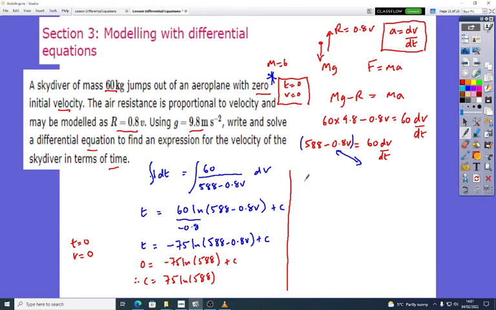At present, t is equal to minus 75 ln of 588 minus 0.8 v plus 75 ln of 588.